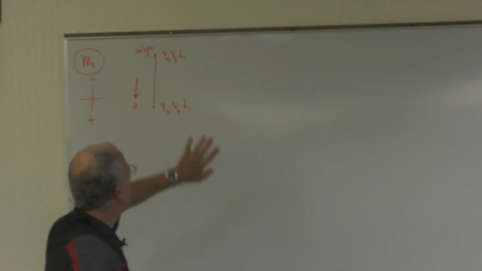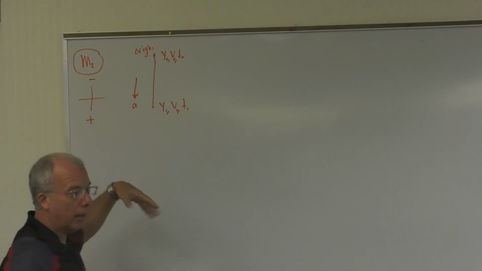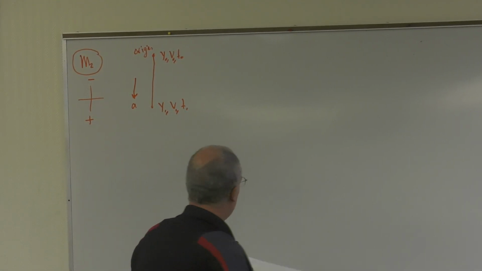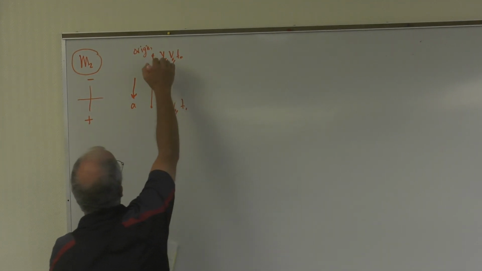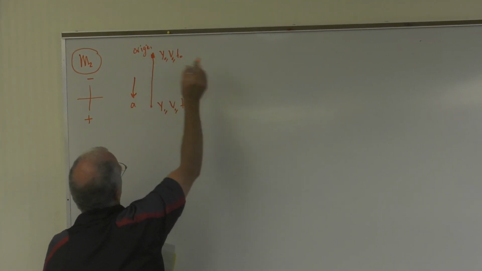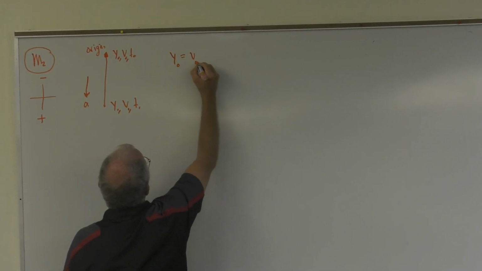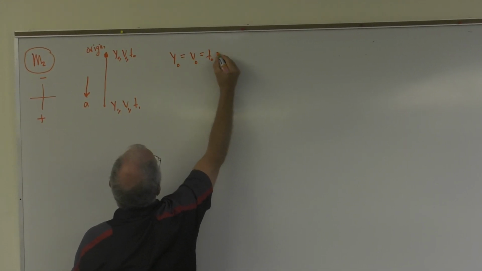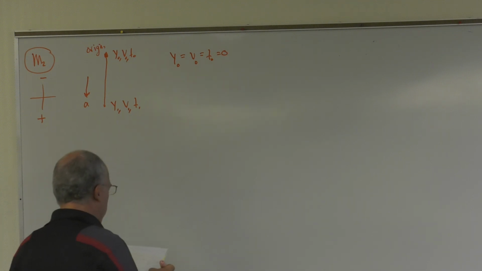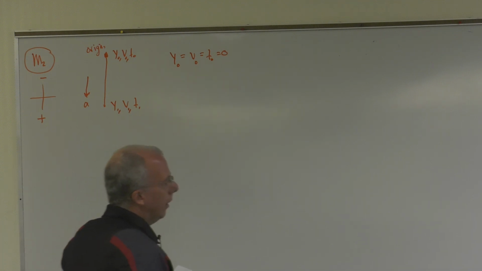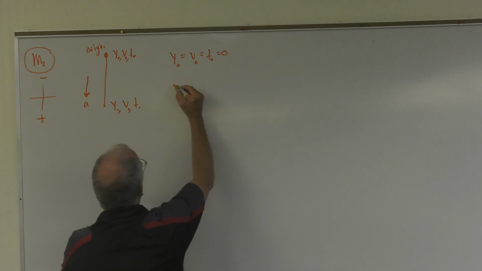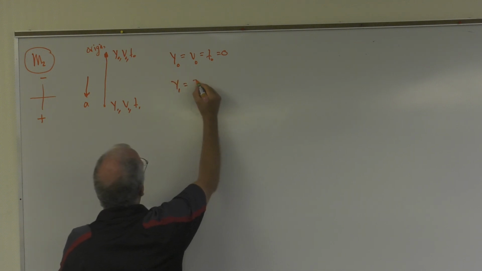All right, so again, everything I do here is just to help me not make a mistake later on. Okay, so this is my origin, and it's at rest. So I know y0 equals v0 equals t0 equals 0. Well, that's nice. Okay, now what's y1? 2 meters.